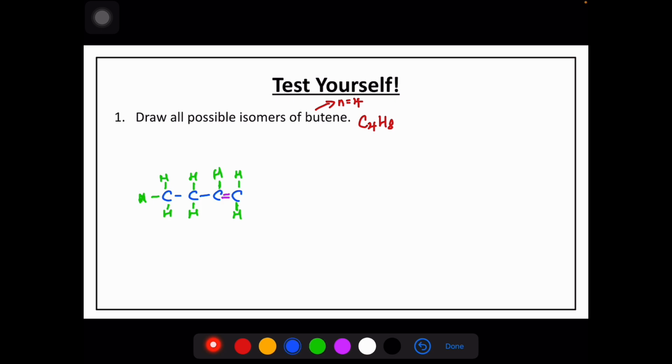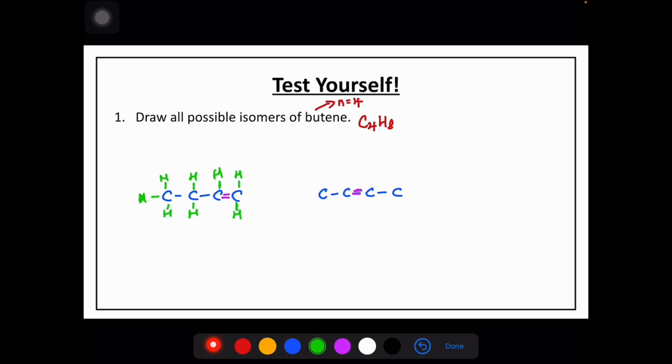Now, what could an isomer look like? This time round, a possible isomer of this butene could actually look like this, whereby the double bond actually changed in terms of its position. Because this time round, it shows that the way it's being arranged is different.